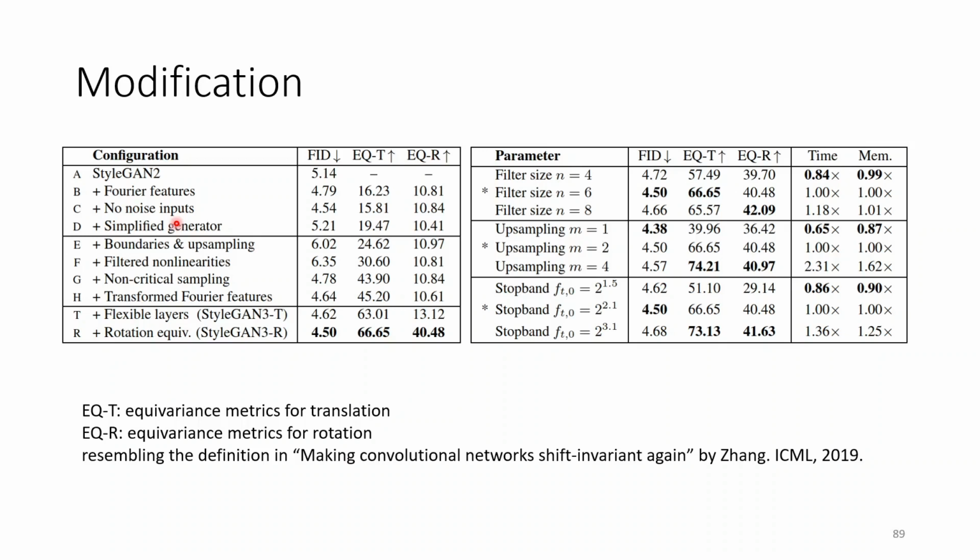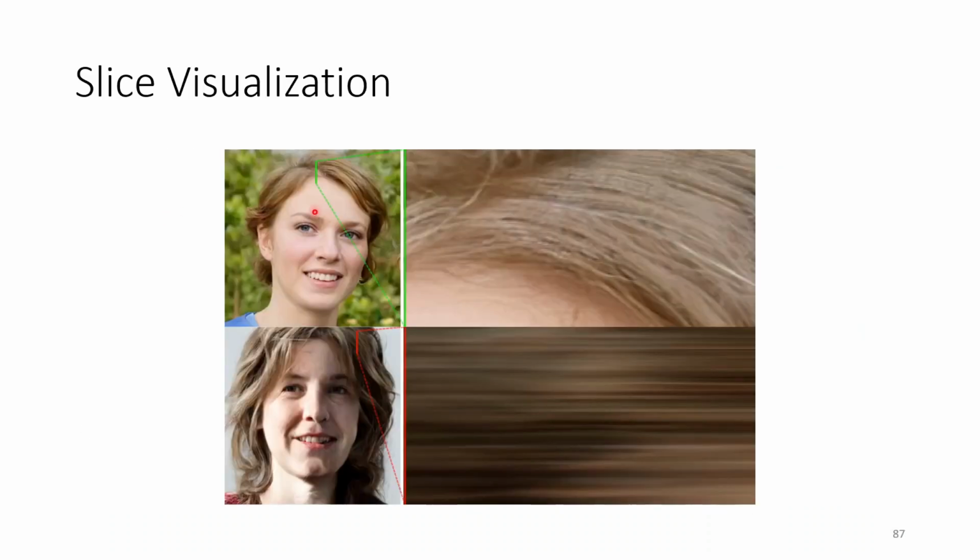Why is it important? Because they want to generate continuous hairs. You see, in StyleGAN V1, they add noise because they want to see the detail of the hairs.